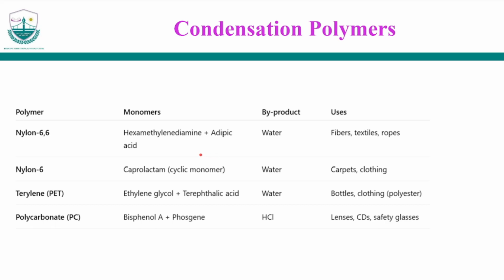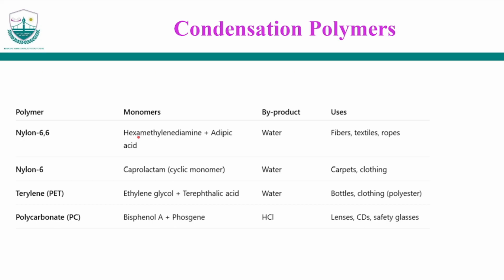So here we are. What do you notice? The first thing you notice is that we have byproducts. Okay, so the byproducts can be water, can be ammonia, can be hydrogen chloride, or can be any other byproduct. The second thing that you should notice is that we are not talking about a single monomer for each of these polymers.